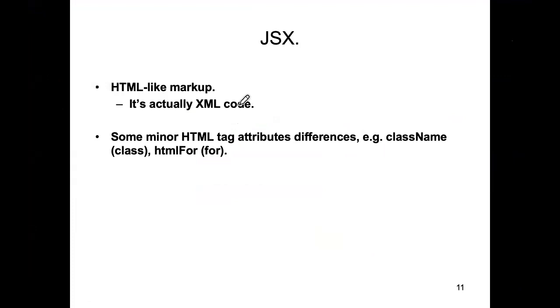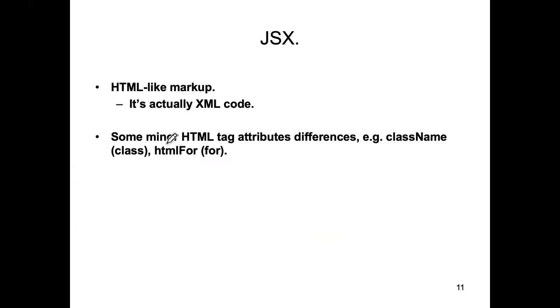So JSX is very HTML-like. Technically, it's actually XML. And purposefully, there are very few differences between JSX and HTML. And really, I think there's only one that you will see in the JSX that you write, which is if you want to associate a piece of CSS styling with a JSX element, then instead of using the class attribute, you use className, and I've mentioned that already.